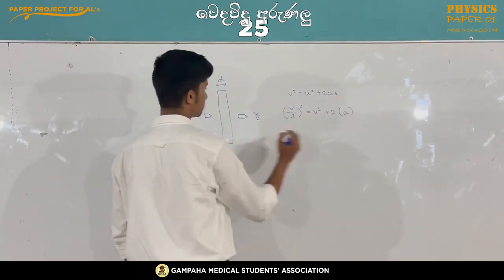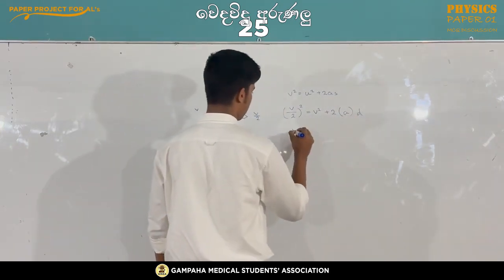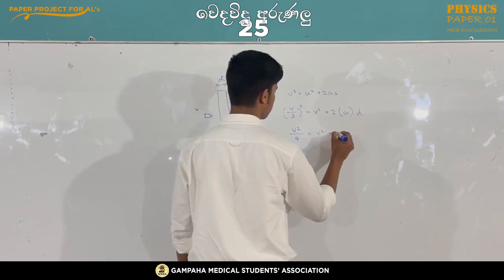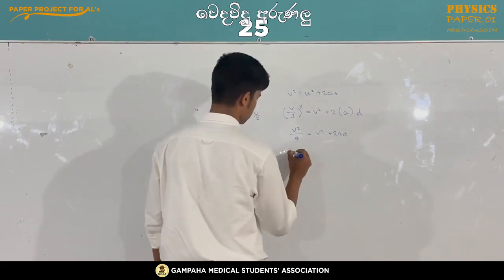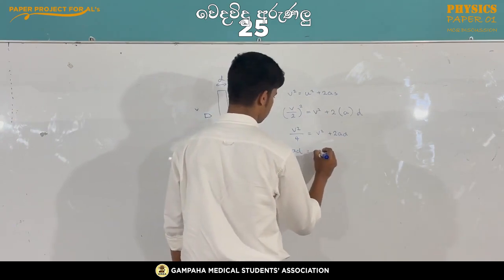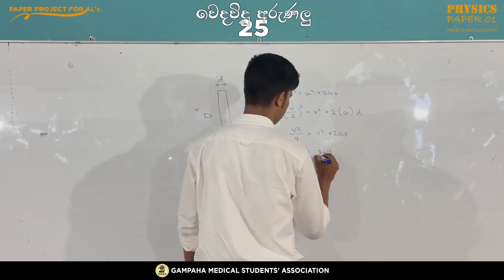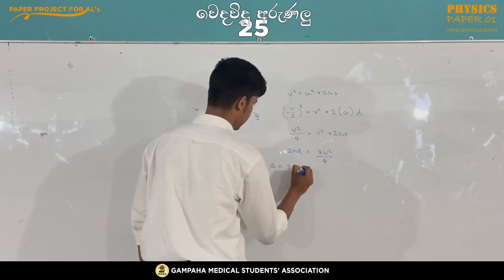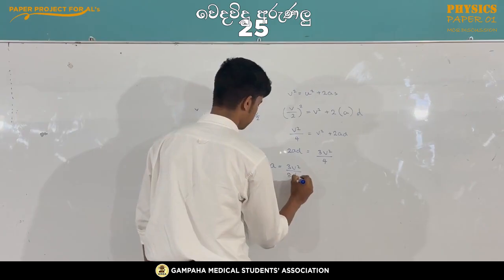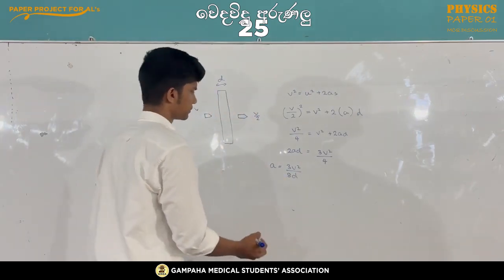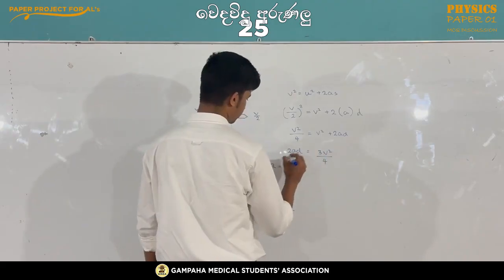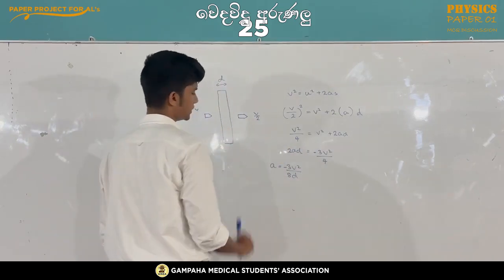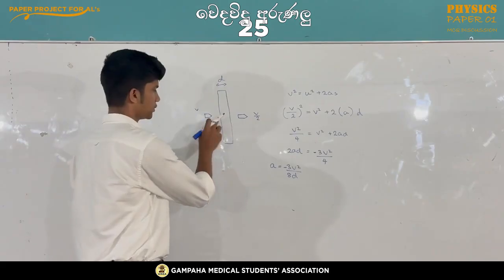S is equal to D. So then a is equal to 3V squared over 8D. This is the deceleration that occurs when the bullet passes through a glass sheet.